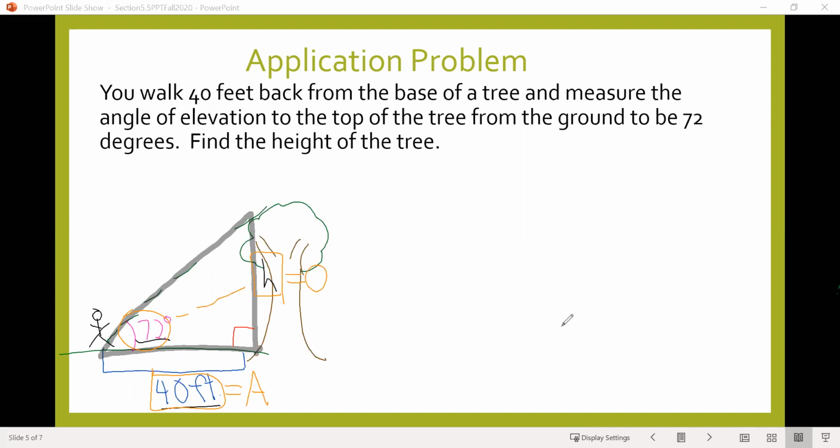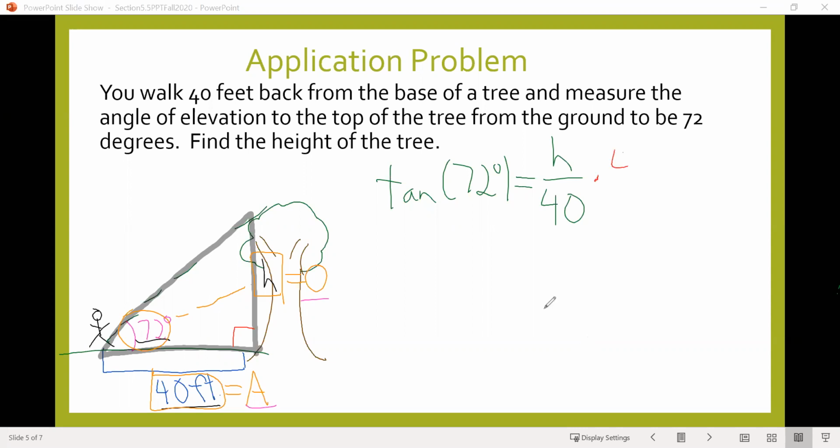So it looks like we're dealing with opposite and adjacent, which tells us we could set up a ratio using tangent of 72 degrees would be equal to the length of the opposite side, which in this case is H, over the length of the adjacent side, which is 40. And then we can simply solve for the value of H.